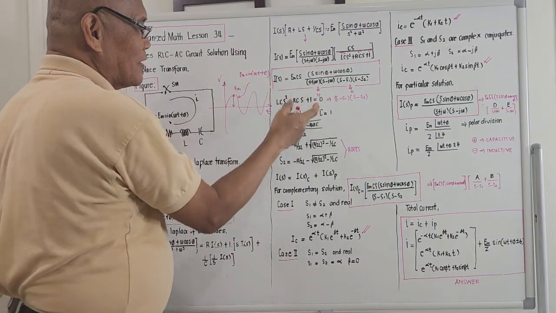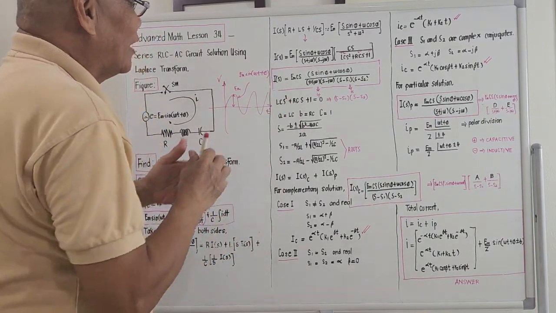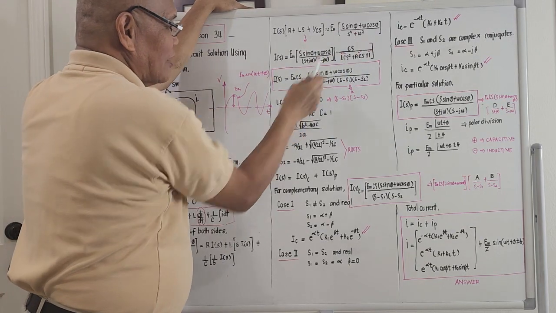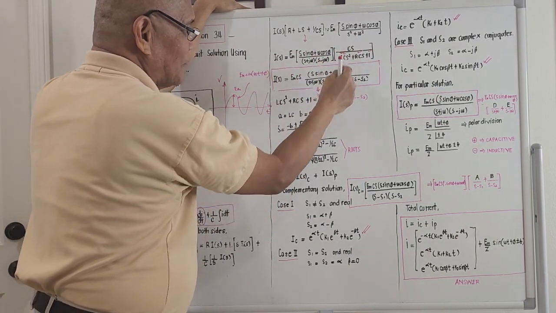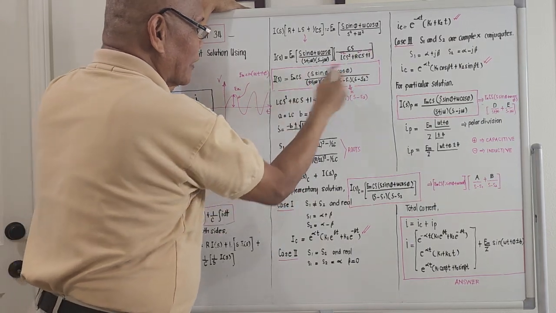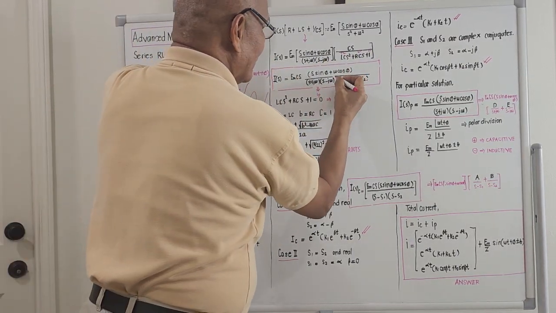Capital letter I as a function of S will be equal to, I will combine E sub m and CS, I will put it here, times the quantity S sine of angle phi plus omega cosine of angle phi, all over under one denominator.